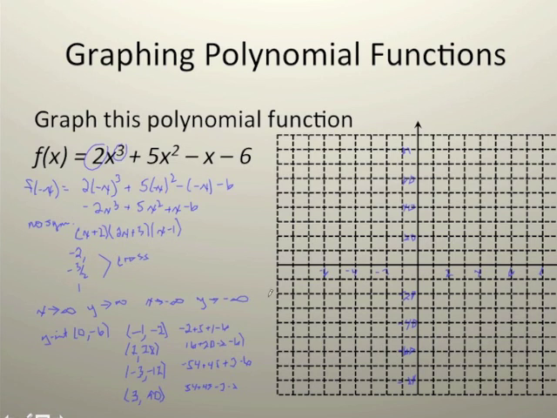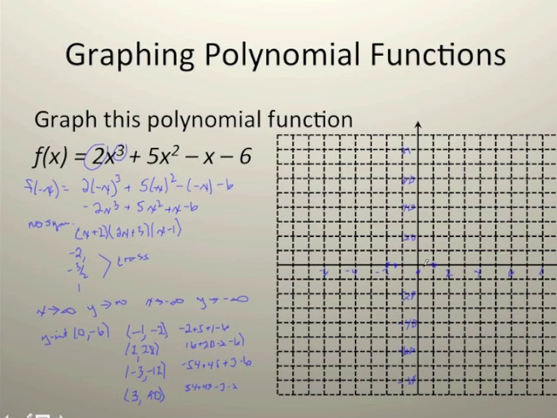Points I have: negative 2, negative 3 halves, and 1 as x-intercepts. So we'll have those points. We have 0, negative 6, which should be about right here.